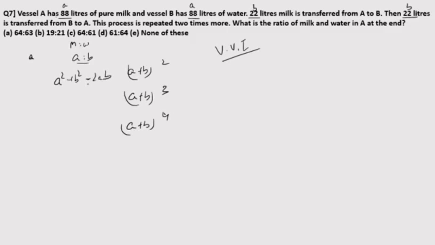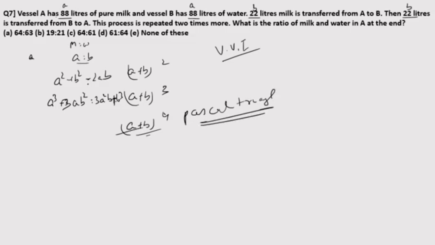For the third operation, it is A cube plus 3AB square is to 3A square B plus B cube. Likewise for the fourth, you just have to use Pascal's triangle to expand A plus B to the power 4.